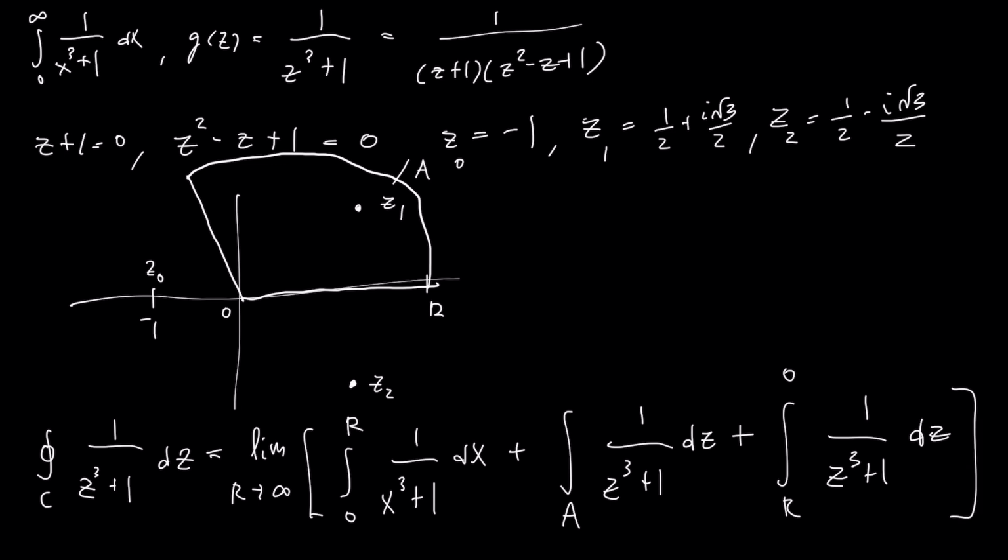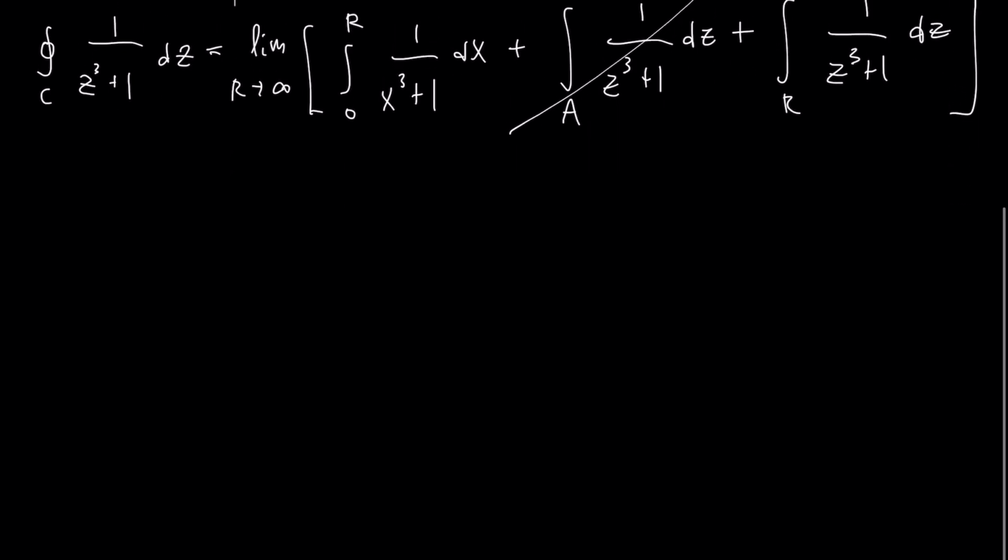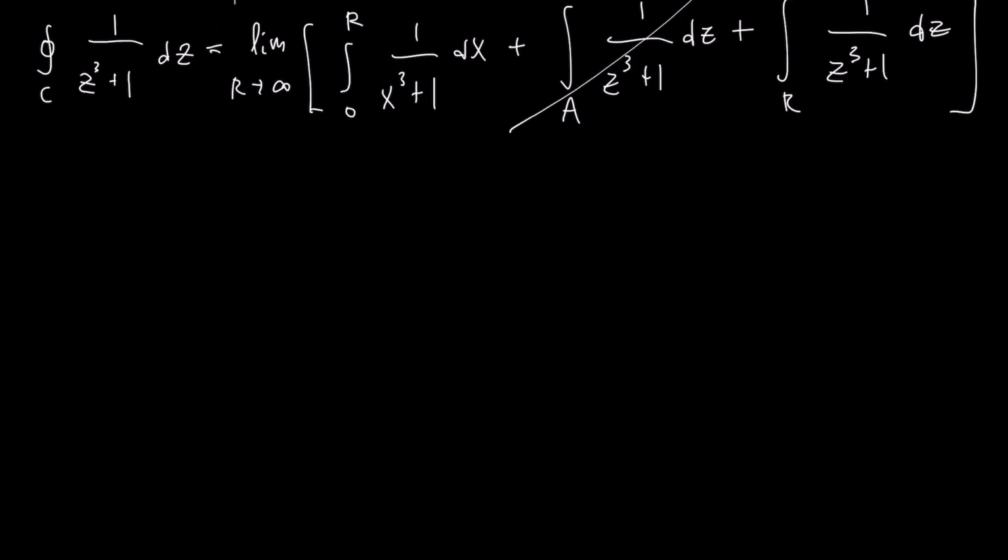And the integral over this arc would end up going to 0, so we only have to worry about these two other secondary integrals. And notice as r approaches infinity, we will retrieve back the original integral.